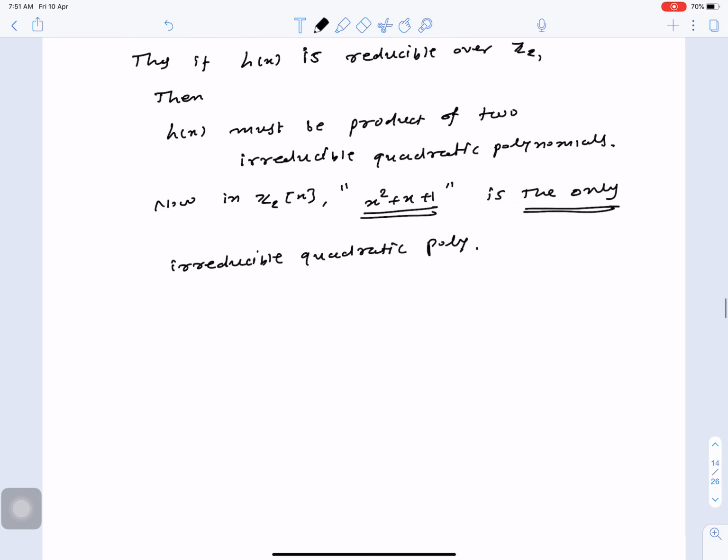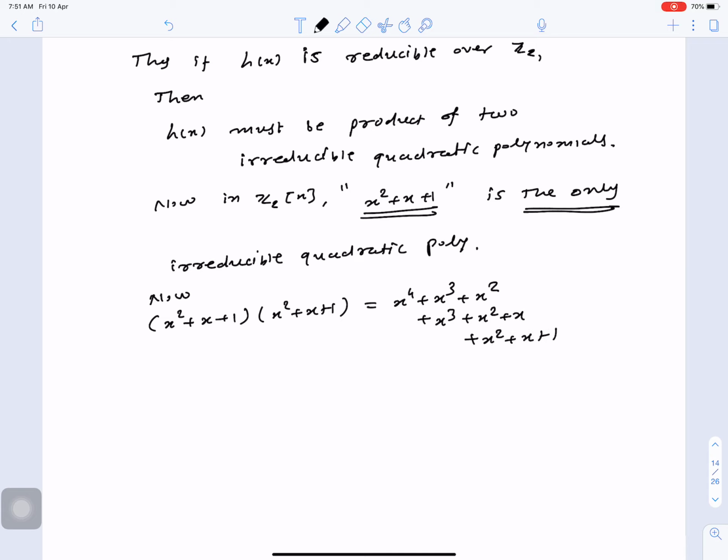So now let me check it by direct calculation. So x square plus x plus 1 into x square plus x plus 1. So it gives x raised to 4 plus x cube plus x square plus x cube plus x square plus x square plus x plus 1.